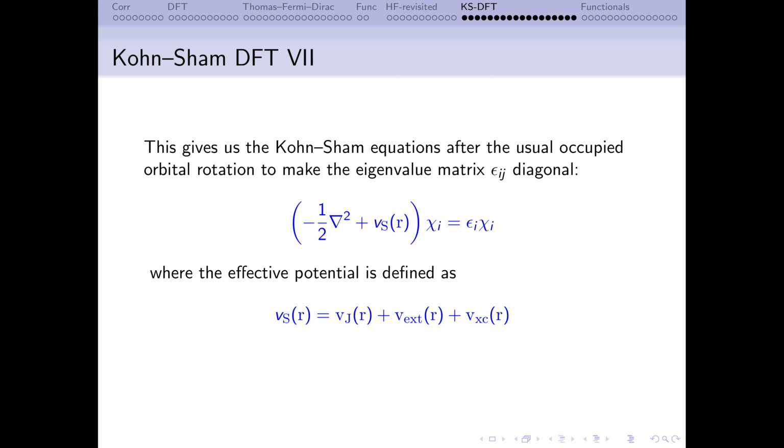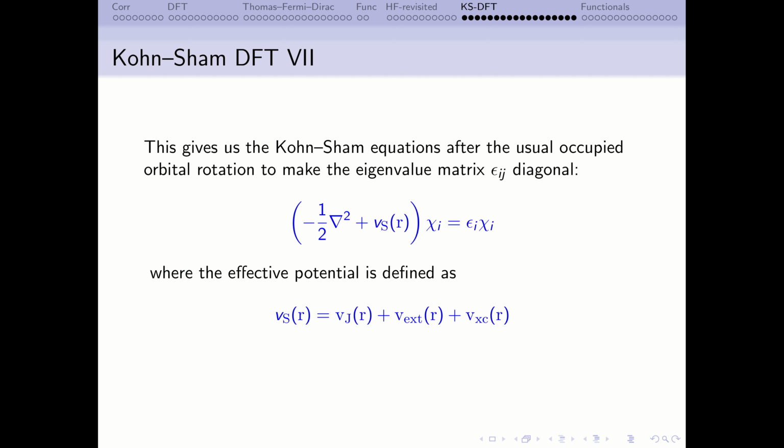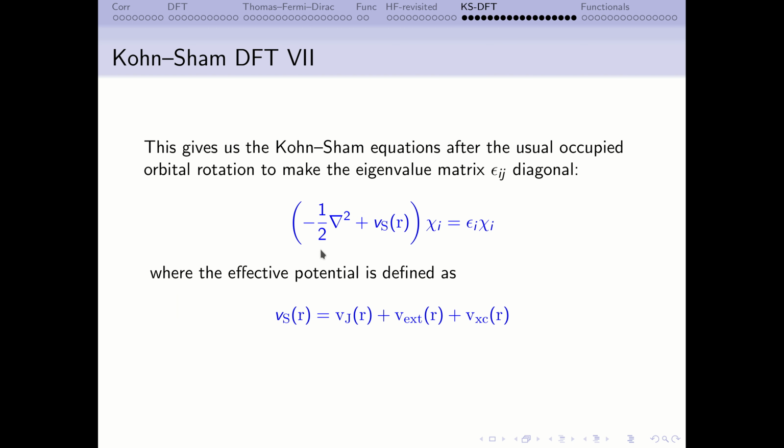Let me just look ahead a little bit and then we'll come back here. So what we're going to show is that if we optimize this so that the functional derivative of omega with respect to chi I star is set to 0, then we will end up with the Kohn-Sham equations, which is what we wanted.